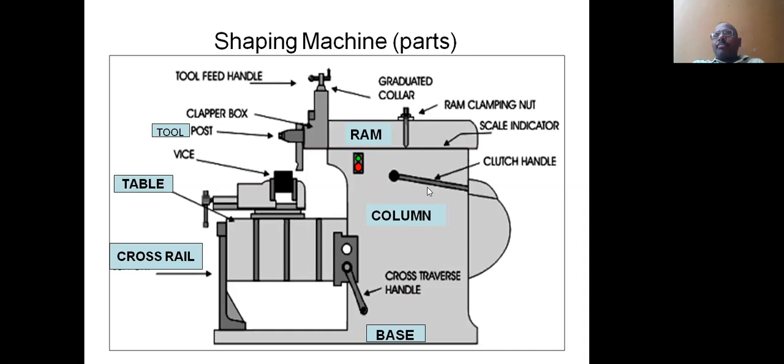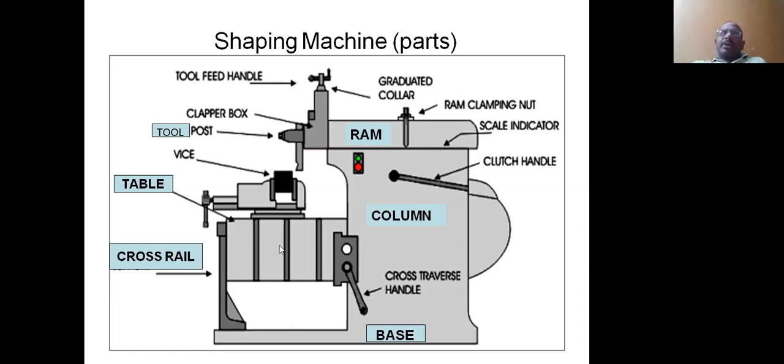At the same time, the shaper machine also requires something to hold the job or the work. In this way, this shaping machine also requires a working table, that is the work table. This work table is of two types. One is the standard and the second one is the universal.